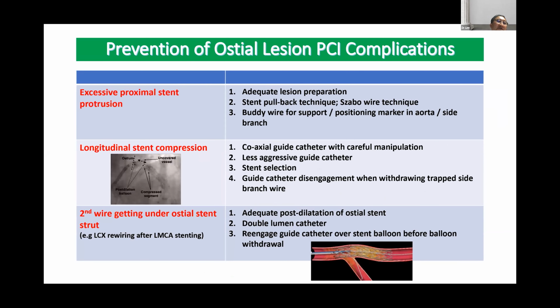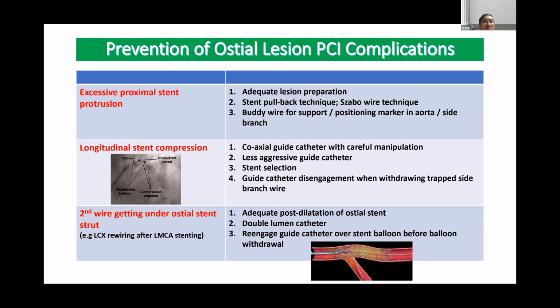And to prevent excessive proximal stent protrusion, like in our case example, adequate lesion preparation is important. And again, the techniques that we have gone through will be helpful. And for aorto-ostial lesion, be careful not to distort the stent, causing longitudinal stent compression.